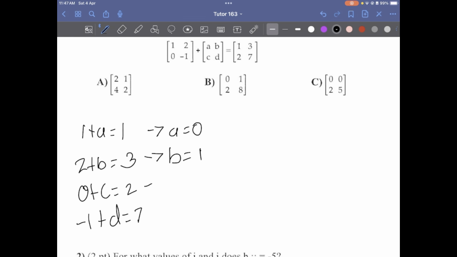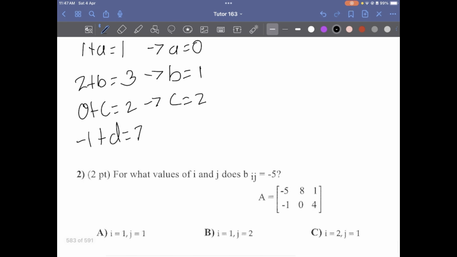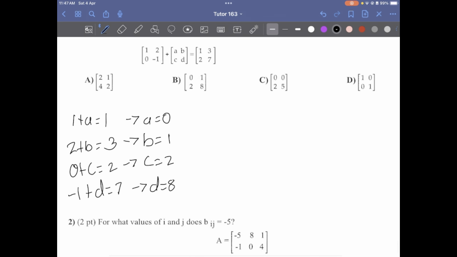Zero plus C is just C, so C is equal to 2. When you send 1 over, that'd be positive, so that'd be 7 plus 1, which would be 8. So D is equal to 8. So our matrix is 0, 1, 2, 8. And that'd be B.